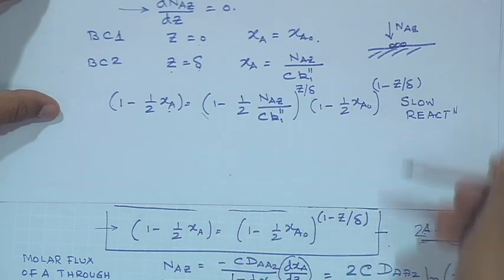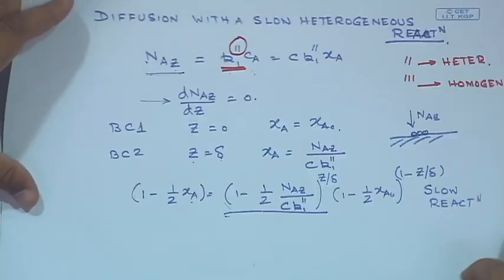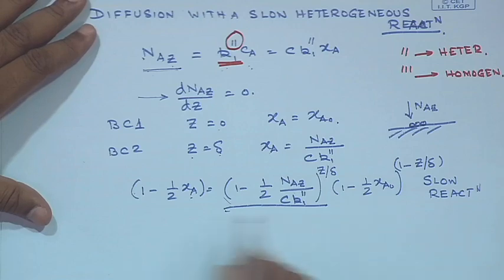So, comparing these two, you would see that this is the additional term that comes because of the nature of the reaction being slow as opposed to instantaneous as in the previous case.